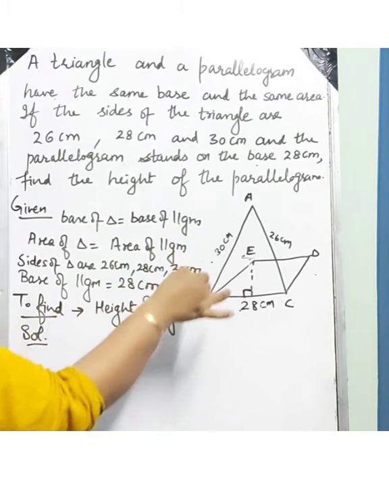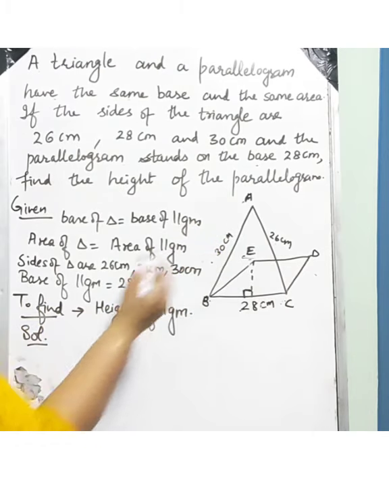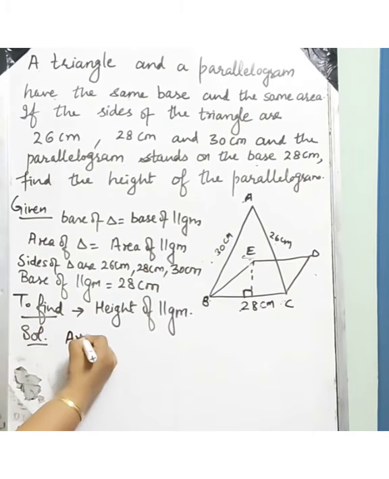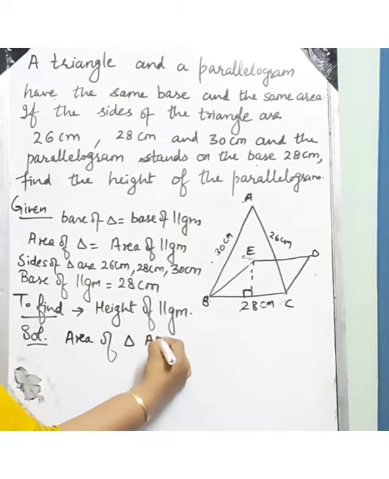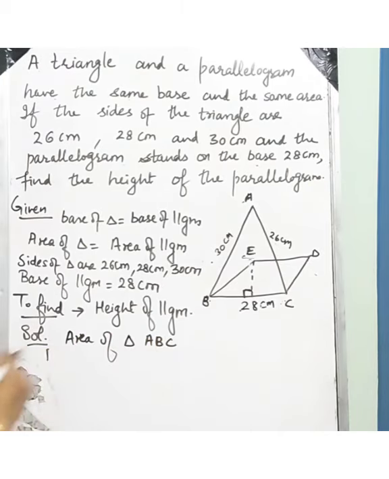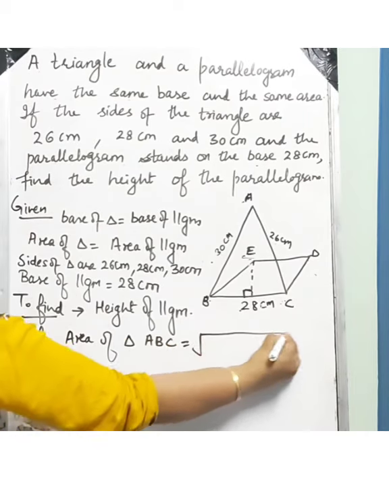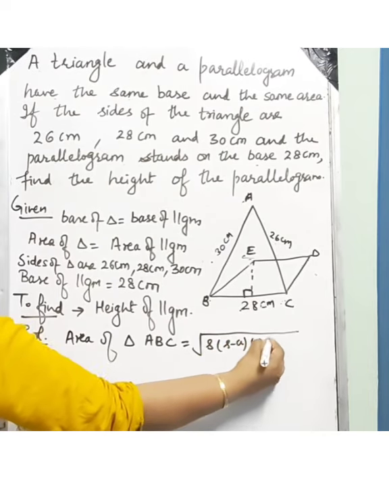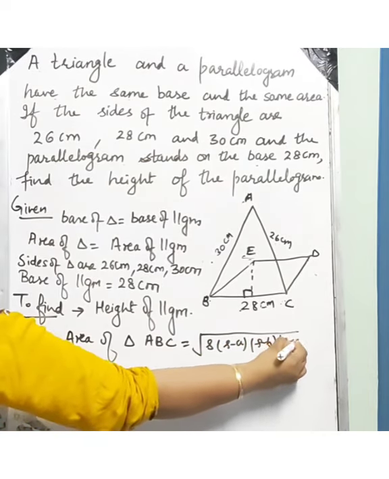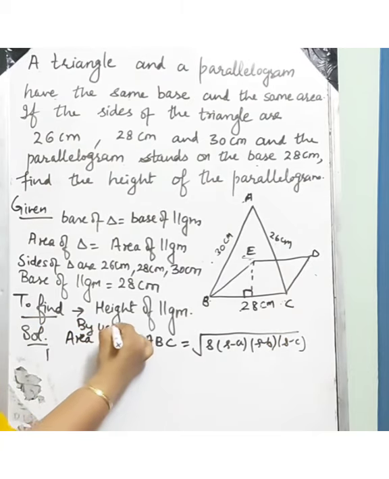Firstly, we have to calculate the area of the triangle by using Heron's formula. Area of triangle ABC is equal to under root S, S minus A, S minus B, S minus C by using Heron's formula.